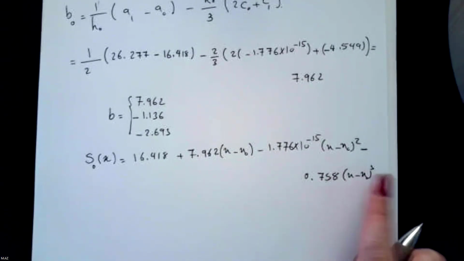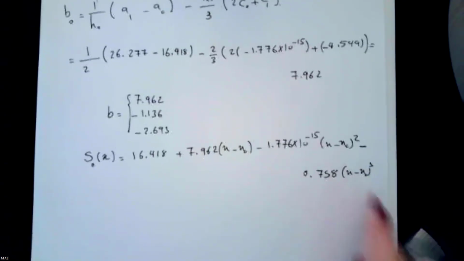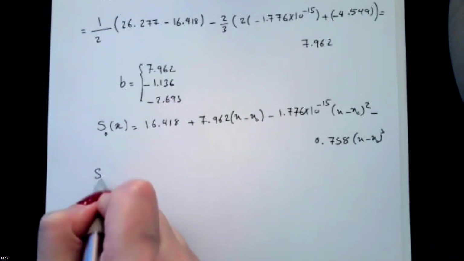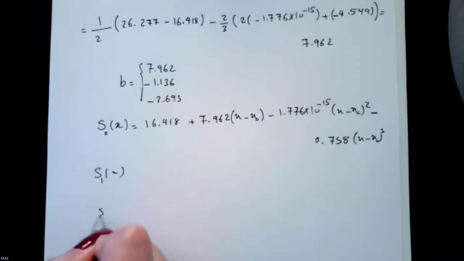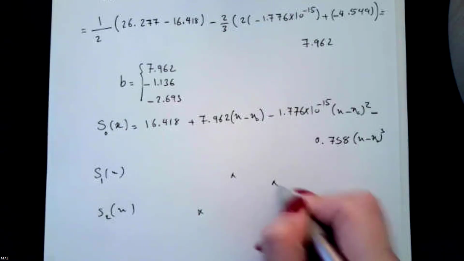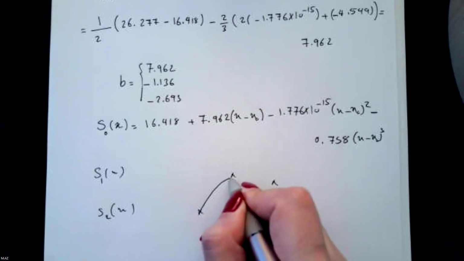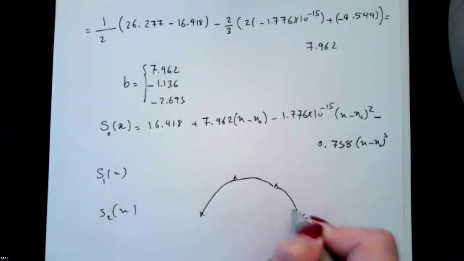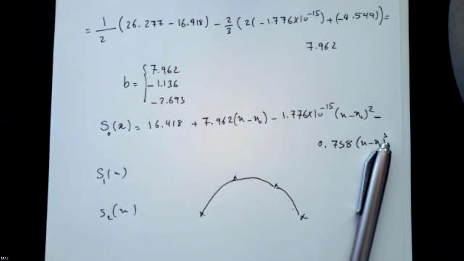Okay, this is the cubic function. And we can use the rest of the coefficients for finding S sub 1 and S sub 2. Because again, we have 4 data points, we need three cubic splines to connect these four data points together.